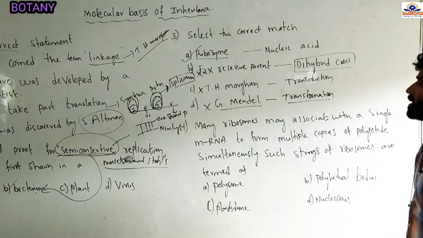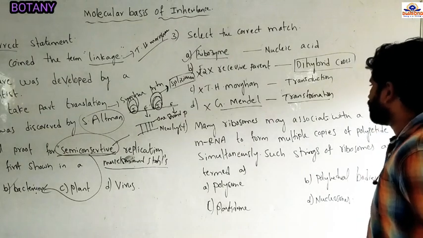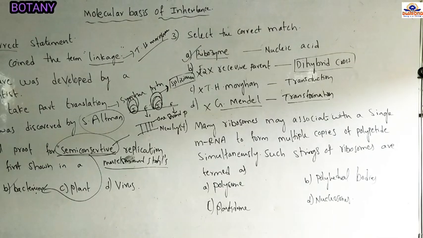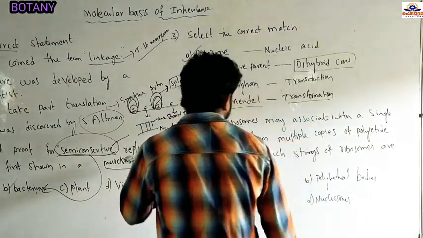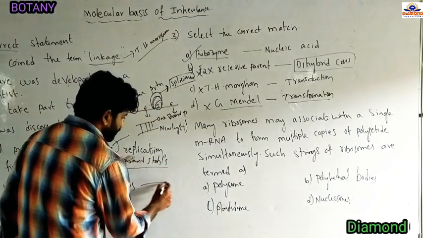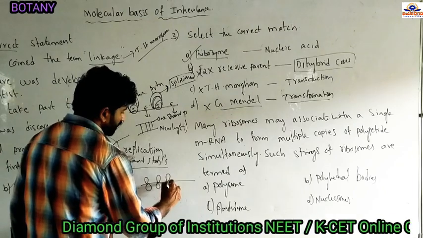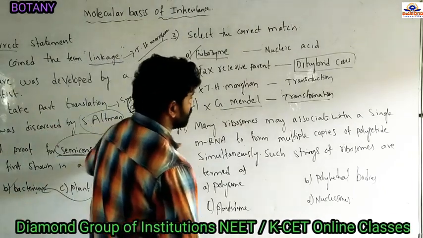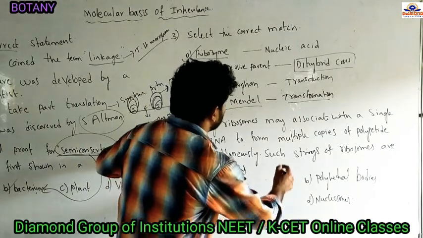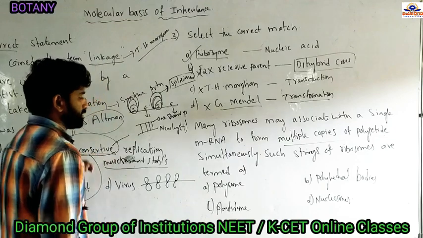And the next question: many ribosomes may associate with a single mRNA to form multiple copies of a polypeptide simultaneously. Such strings of ribosomes are termed what? Here, many ribosomes are arranged on a single mRNA, forming multiple copies of the polypeptide simultaneously.